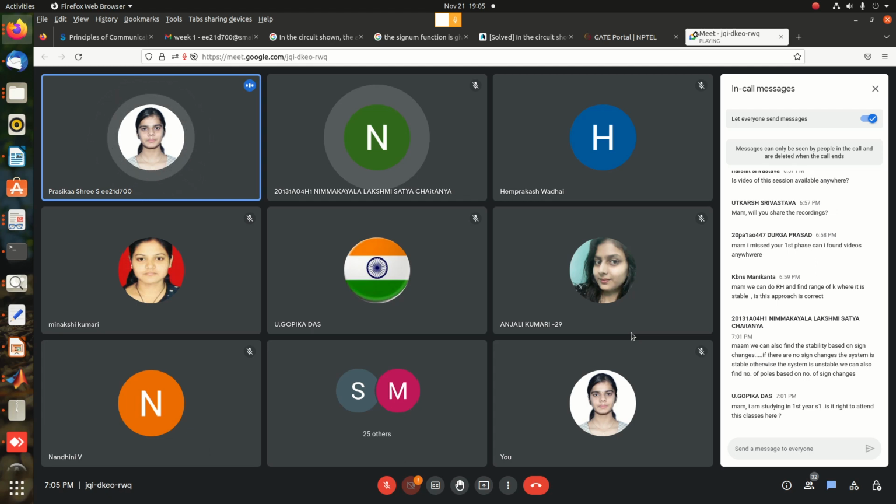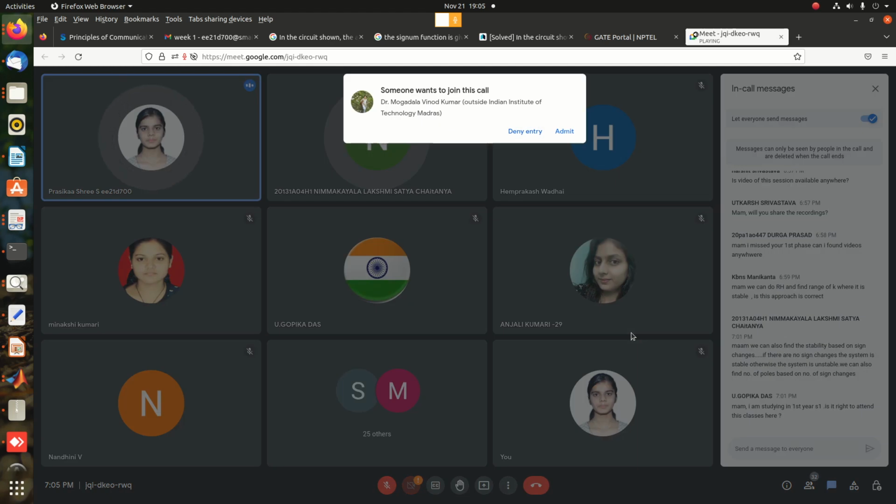If you're over interested, you can even start studying Nyquist plots. But this program is not completely teaching basic things about control systems or signals and systems. It's about solving the questions in 1 hour and helping the people who are going to appear for the upcoming GATE 2023. So, yeah, this is the answer for your question, Gopika.